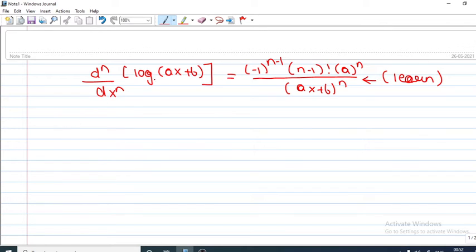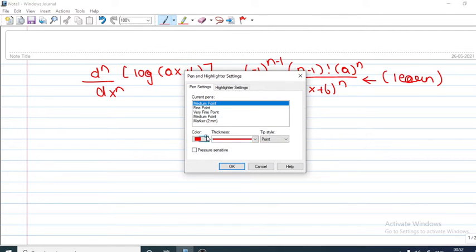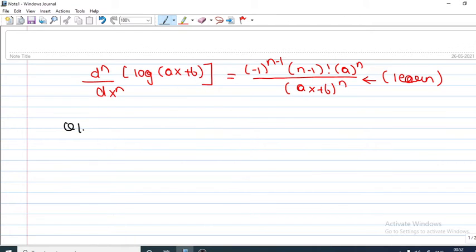The first question which we are going to tackle is as follows, but let me change the pen. The question is finding the nth derivative of y equals log under root 4x square plus 8x plus 3.